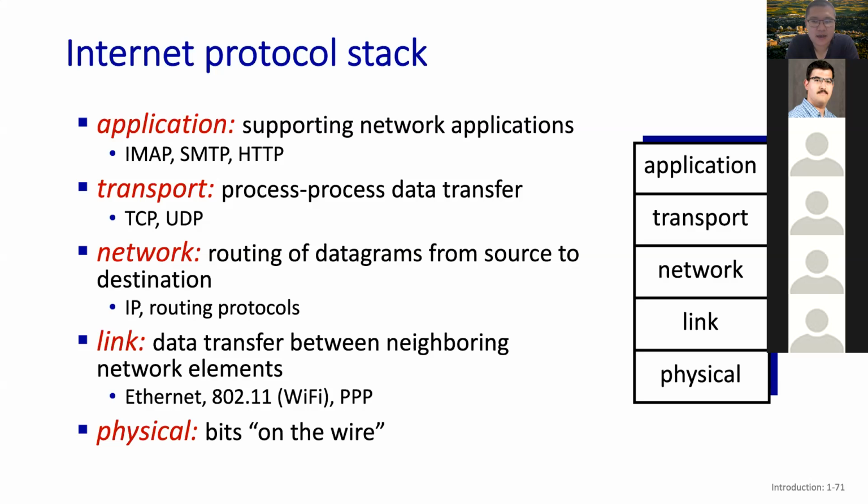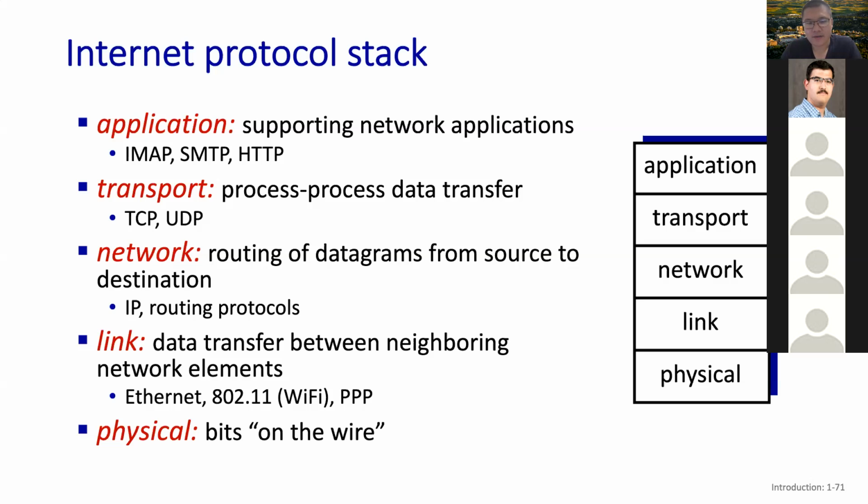The next layer is the link layer, which handles data transfer between neighboring network elements. We have Ethernet and Wi-Fi, the different links. Eventually we get down to the physical layer, the bits on the wire, the final layer of the internet protocol.